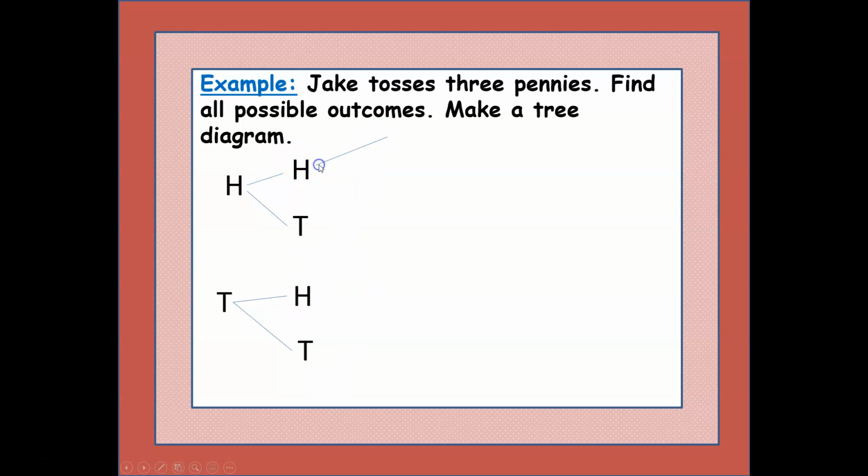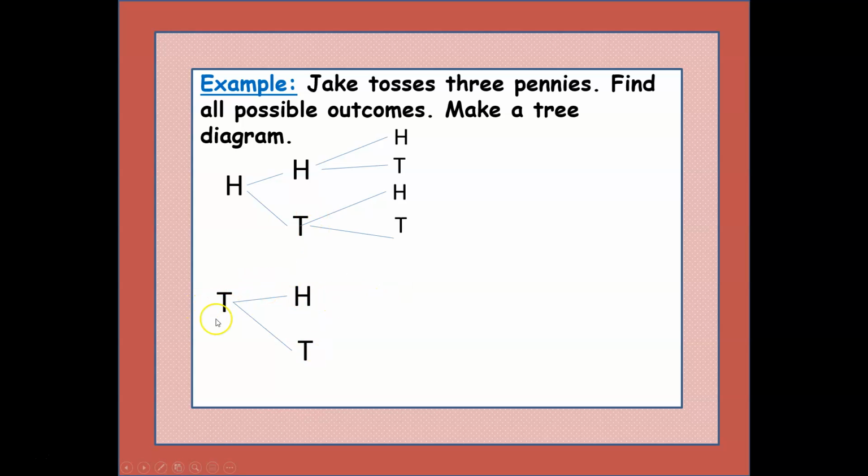So we have to go with our first thing. So he could flip a heads, then he could flip a heads, then he can do two different options again. He can flip a heads again, or he can flip a tails. He can flip a heads, he can flip a tails, then he'll have his two options, heads or tails, for his third flip.